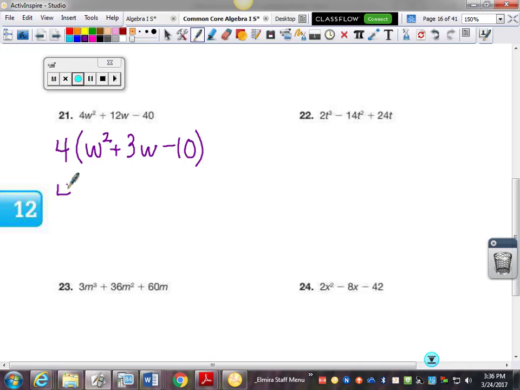And then I can bring my 4 down and factor the trinomial that's left. Minus sign tells me signs are different. Plus 5 minus 2. 5 times 2 is 10. 5 minus 2 is 3. And the 5, the bigger number, goes to the b term sign, which is plus.